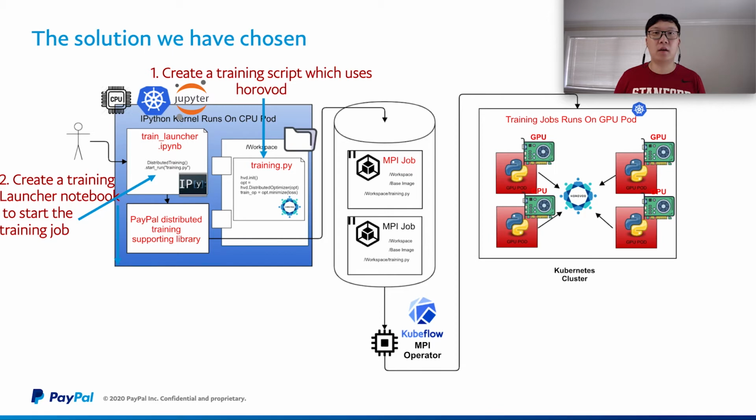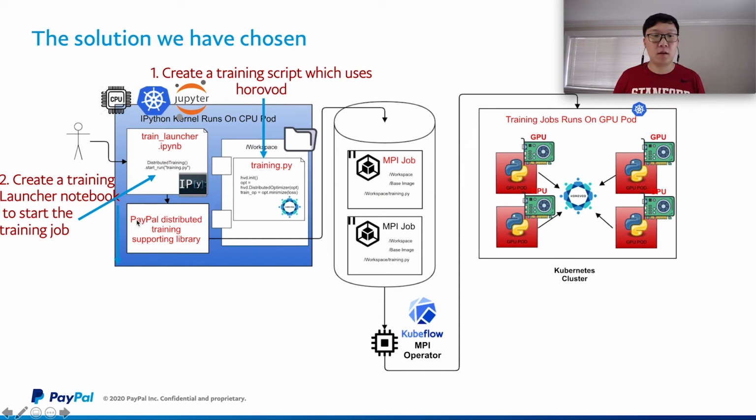Secondly, you need to create a training launcher notebook, and you can download the data or even process data in it because it will be executed in a CPU pod.